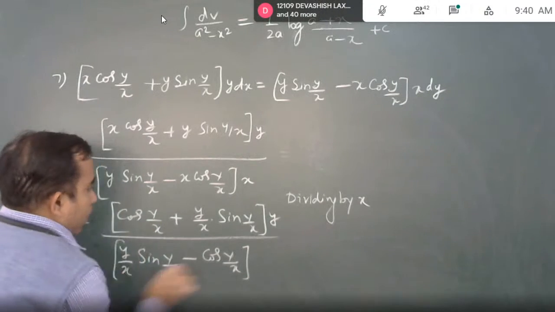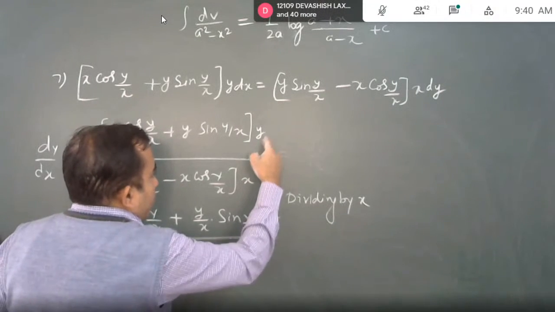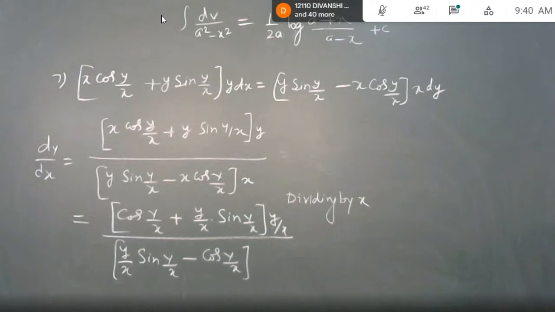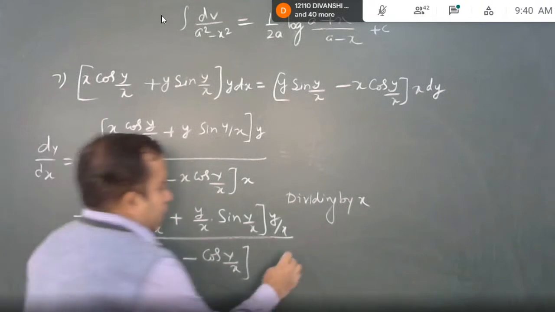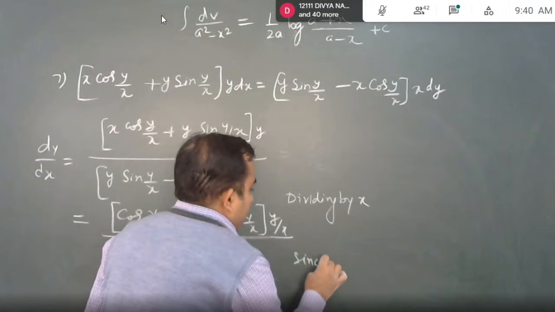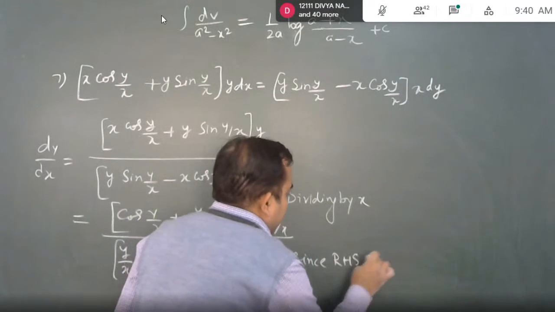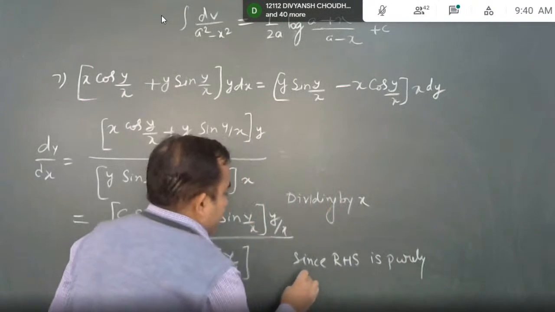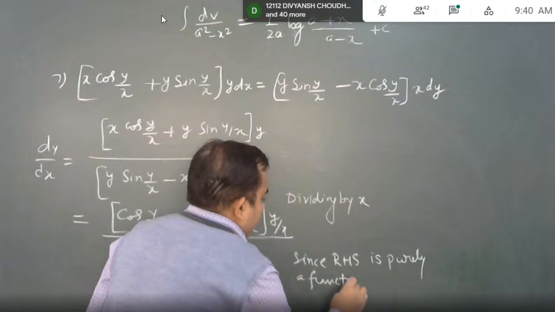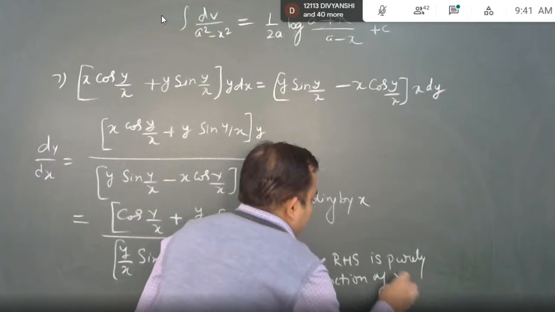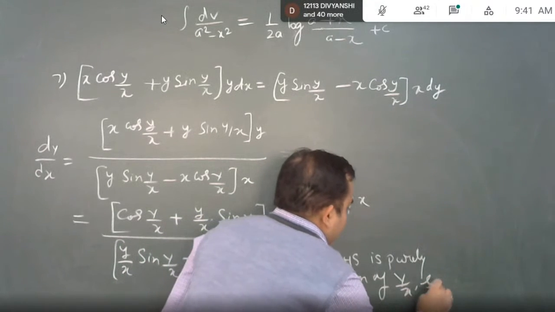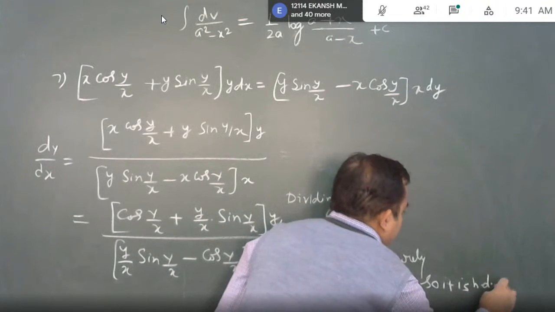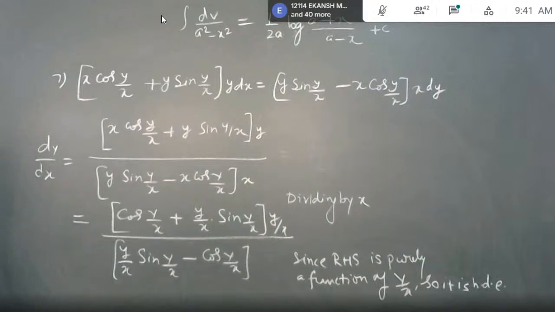And this upon x I am going to mix with this y upon x. Now same line, that since this right hand side is purely a function of y upon x, so it is a homogeneous differential equation, HDE.